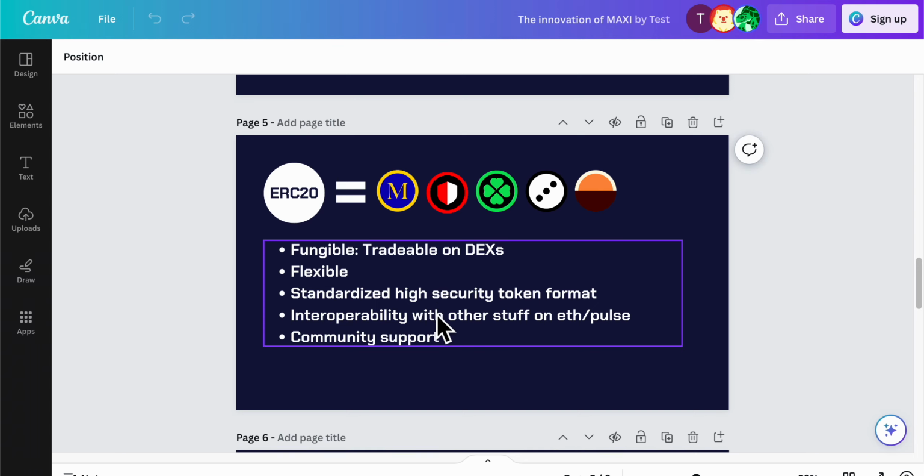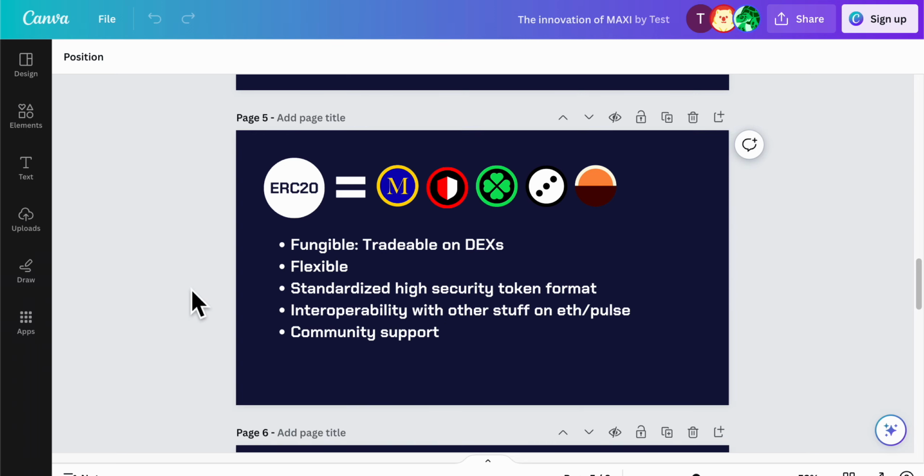Standardized high security token format, so it inherits the security of the Ethereum blockchain and any updates going forward. Then the interoperability with other stuff on ETH/Pulse. So you can just use it with other stuff, similar to the flexibility piece. And then the community support. There are a lot of people using this format and a lot of documentation on it.